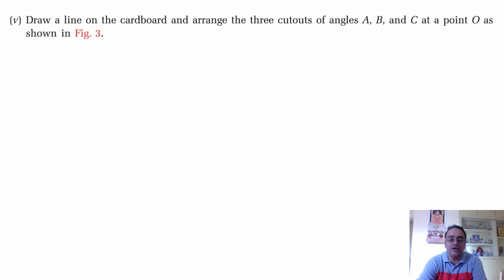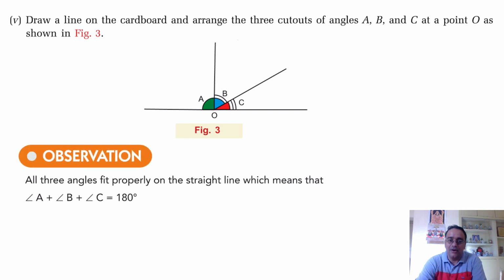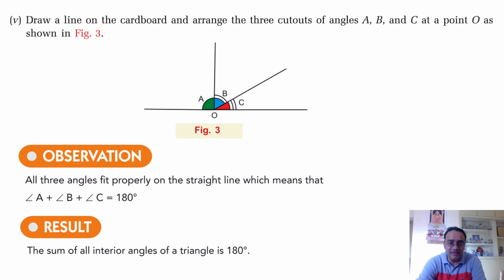So draw a line on the cardboard and arrange the 3 cutouts of angles A, B and C at a point O as shown in figure 3. So what we will observe, the next step is the observation. All 3 angles fit properly on a straight line, which means that the sum of these 3 angles is 180 degrees. So the result: the sum of all interior angles of a triangle is 180 degrees.